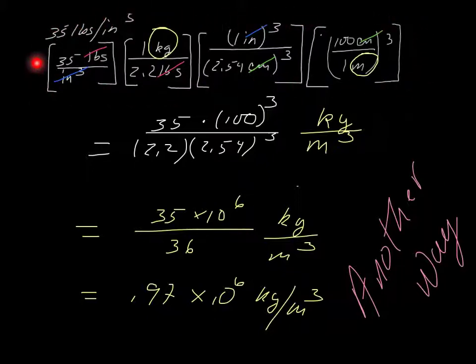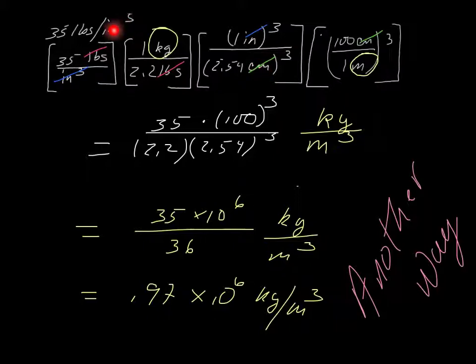Okay, so we start out with 35 pounds per cubic inch. We multiply by 1. So we go kilograms per pound. That's 1 divided by 2.2. So that'll get rid of our pounds. See that? Then we're going to end up with kilograms per cubic inch. So we have to get rid of the cubic inches. So we know that we have cubic inches per centimeter cubed. So that gets rid of our cubic inches, but now we have centimeters cubed.